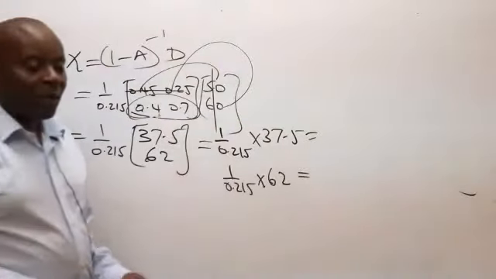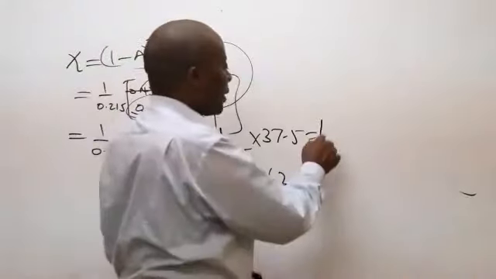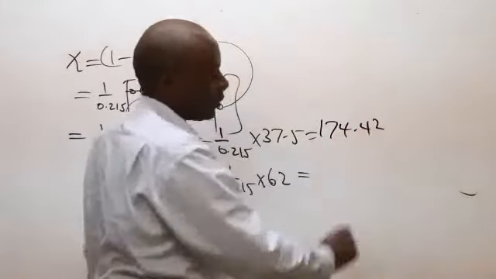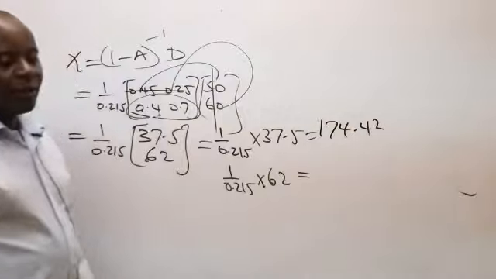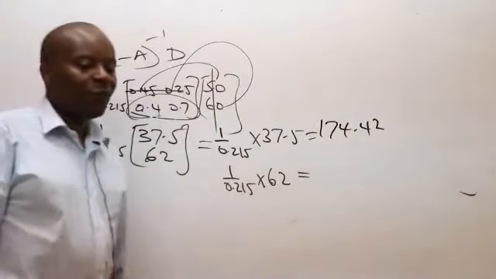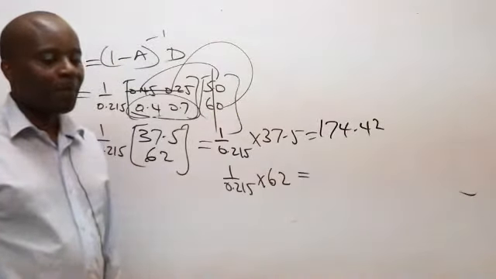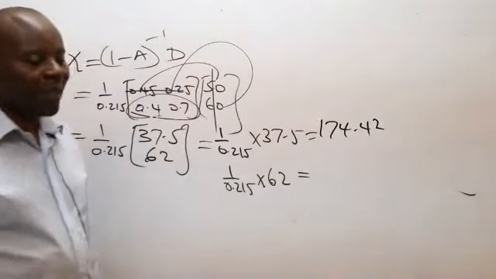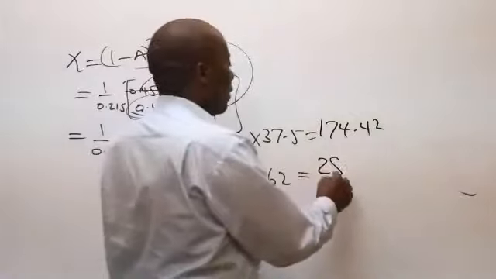According to James Areba, the first one should be 174.42, two decimal places, and then the second one, 288.37.